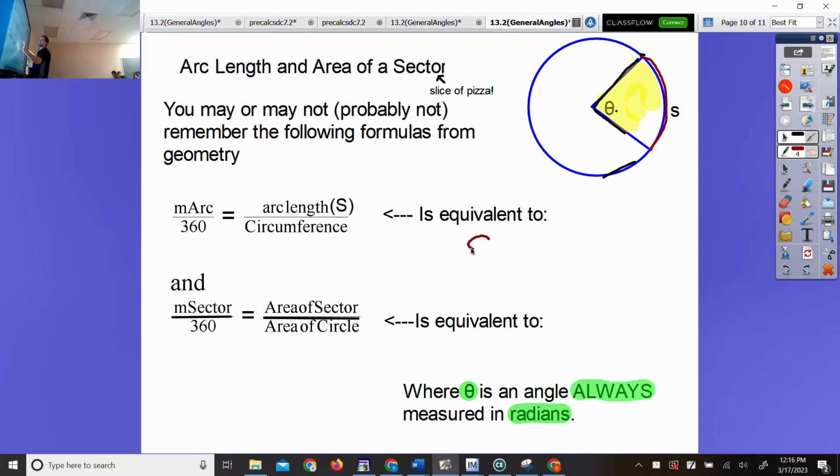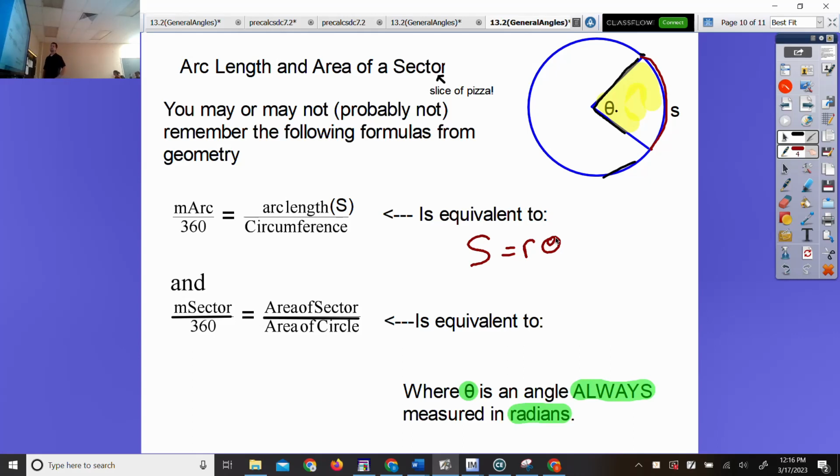We call arc length S. It's the radius times theta. Notice what it says highlighted for you. What is theta going to be? Radius. Use another proportion for area down there.